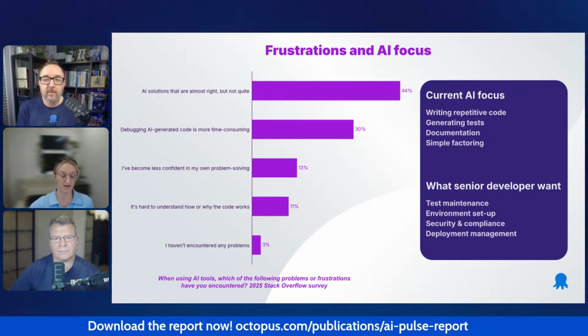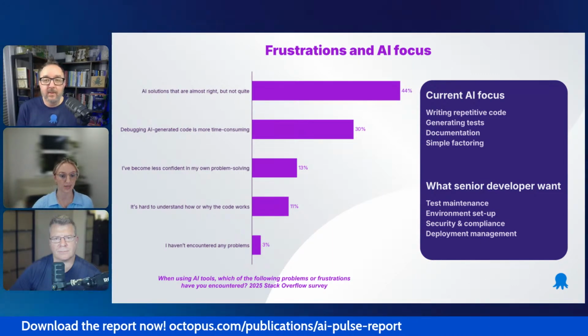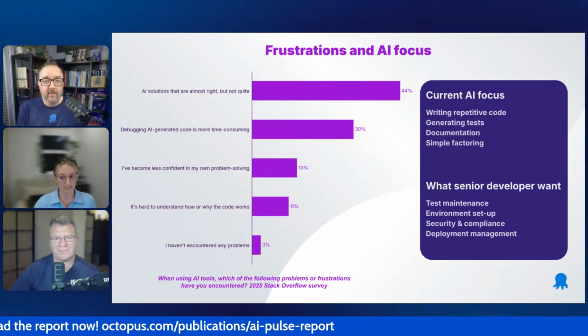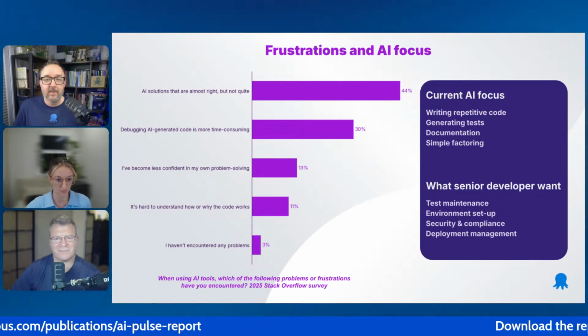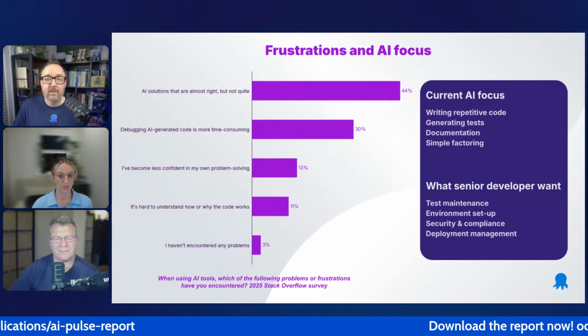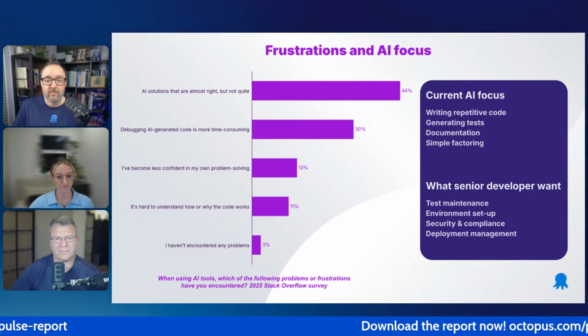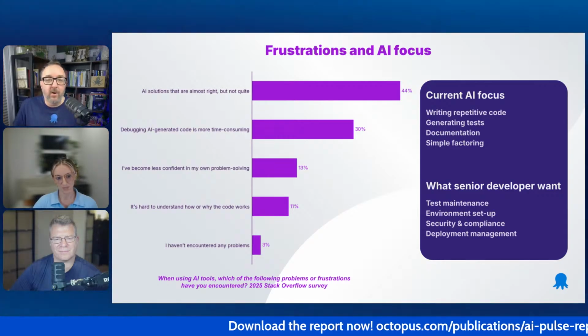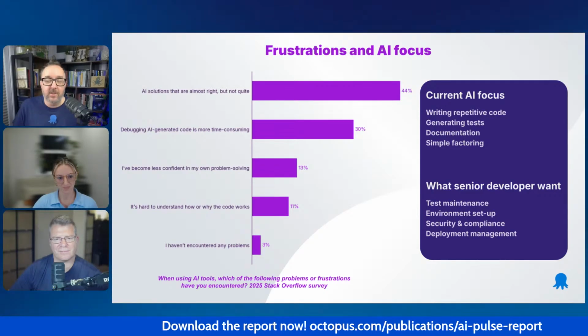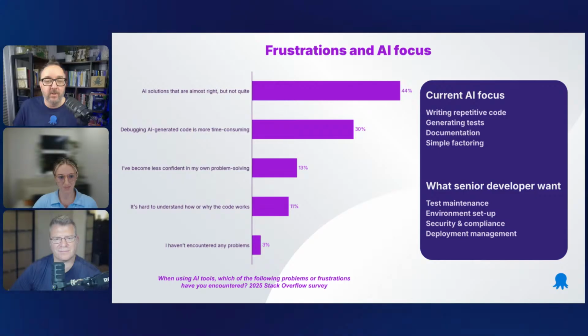That's what we're trying to solve, and that's essentially what we all want to use it for. We want it for the complex things, but how do we do that? Yeah, love that.